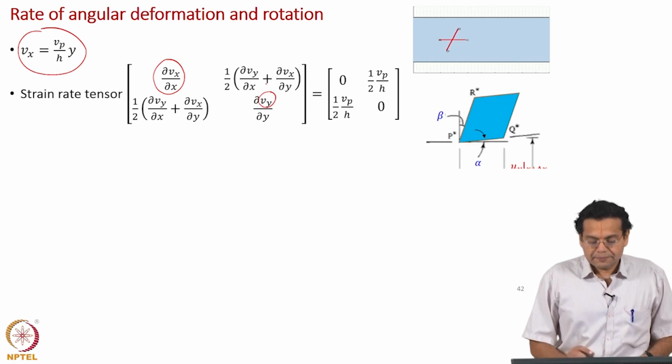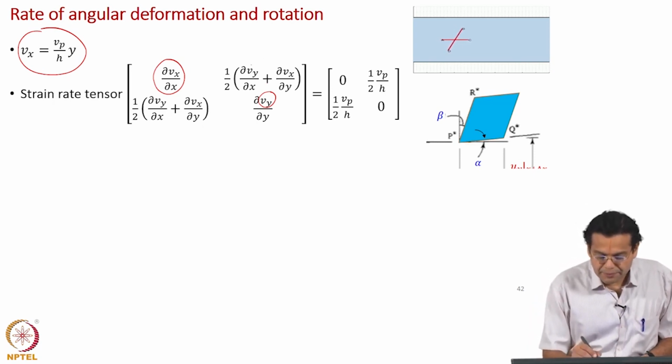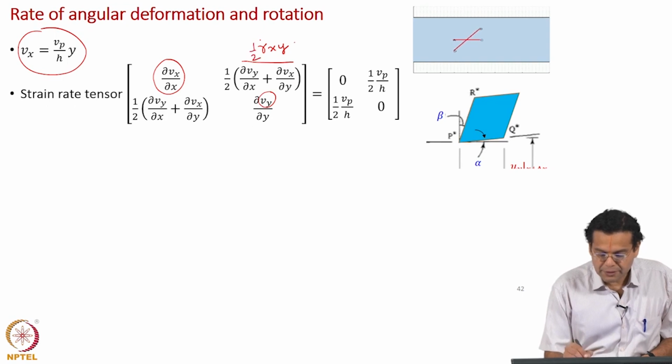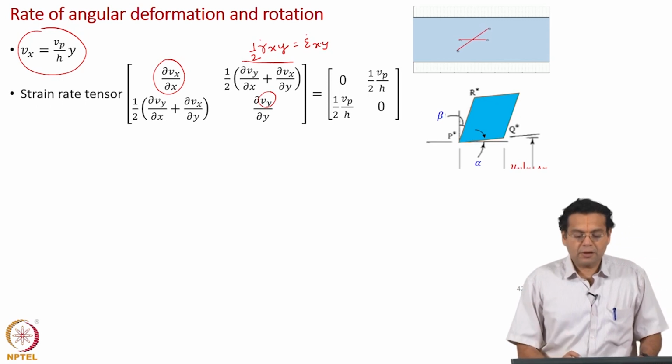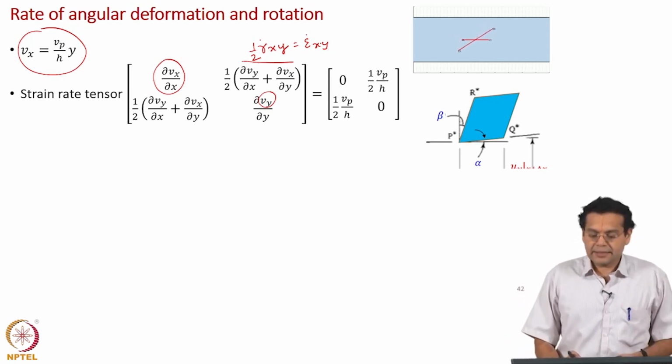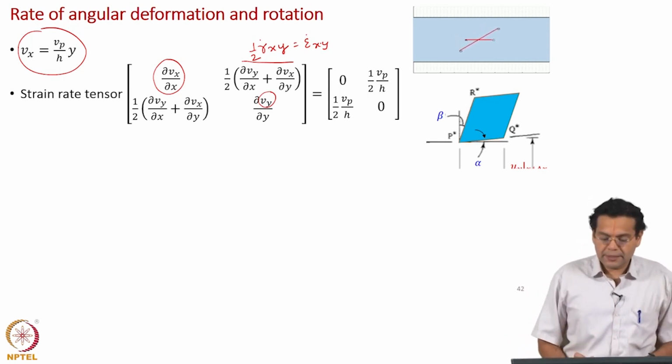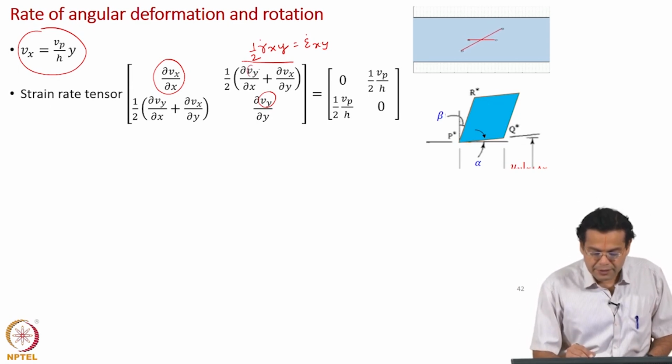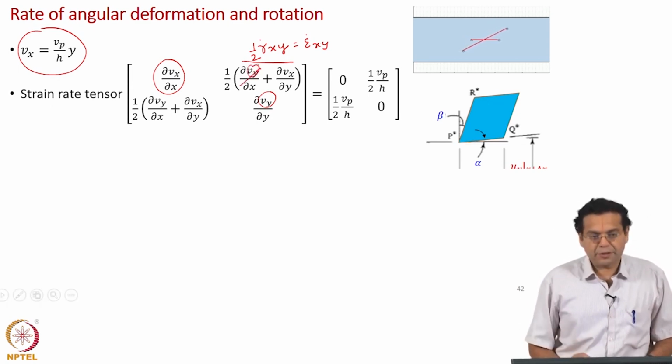Remember these two terms put together are the shear strain rate, and if you divide by 2 you get epsilon dot xy which is one component of the strain rate tensor. Now, in this component Vy is 0. So, this term does not contribute.